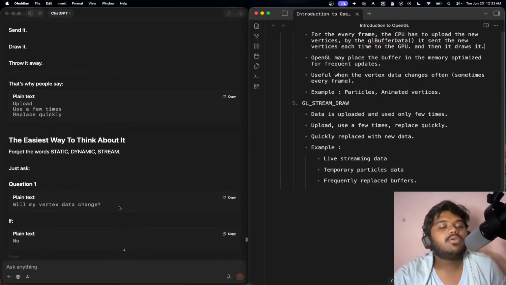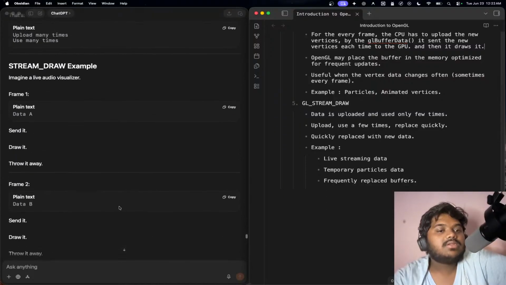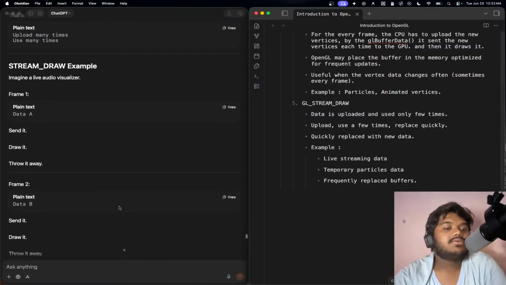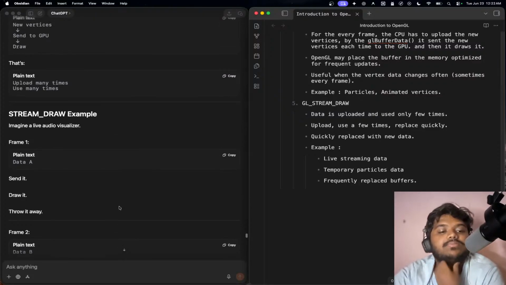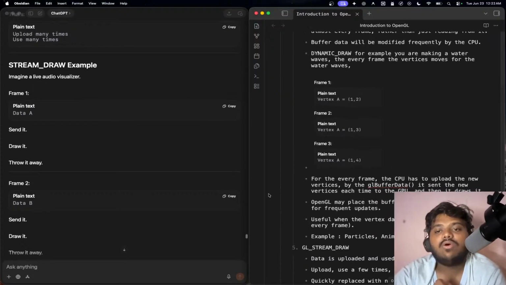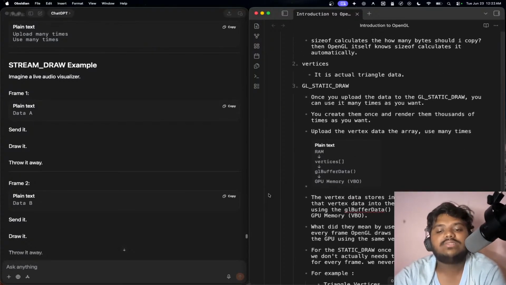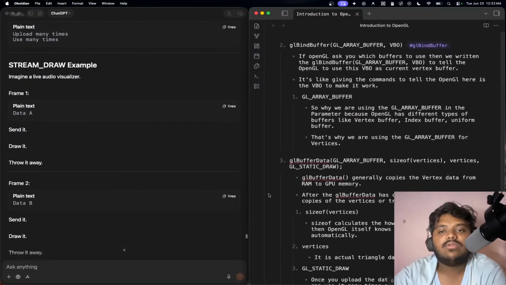Frame 1 data A, frame 2 data B. What GL stream draw actually means is what I don't understand.